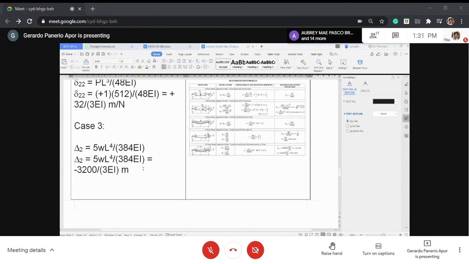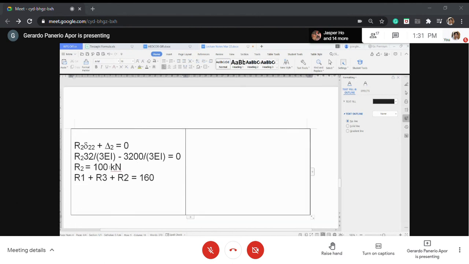About this one, 8 times 8 times 8 times 8 times 20, divided by 384. 8 to the fourth times 20 times 5 divided by 384 times 3. 3,200 over 3 EI, 384 EI, 48 EI. This is the deflections. So it happens that 100 kN.